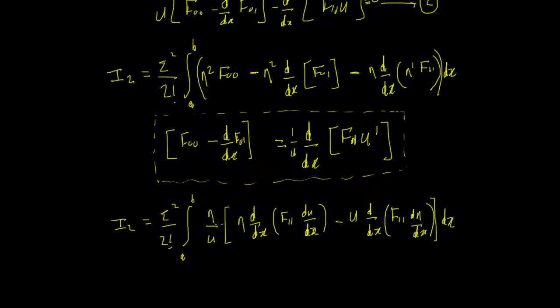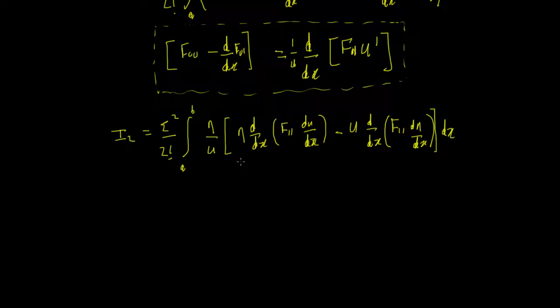Now you can see how I got that there. If you were to multiply that eta by eta, you would have an eta squared term there. That's the eta squared there.